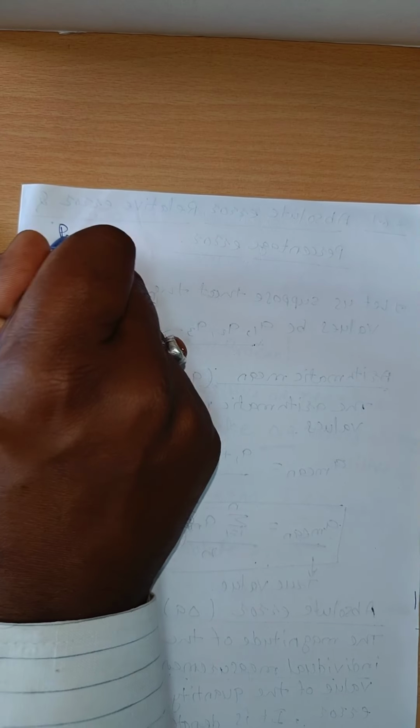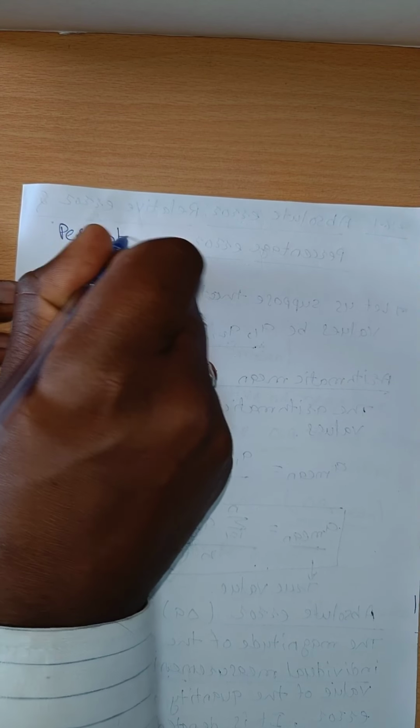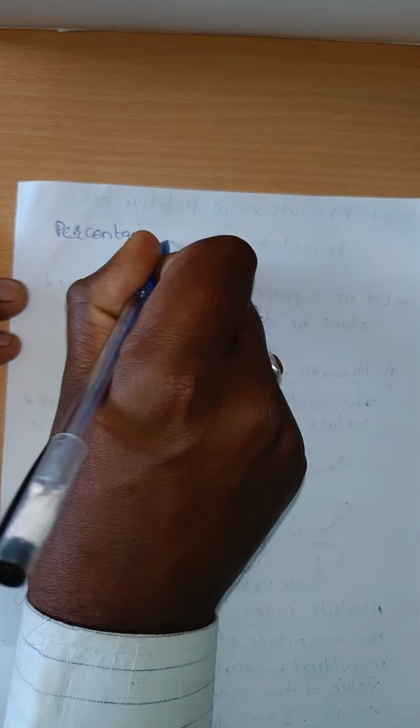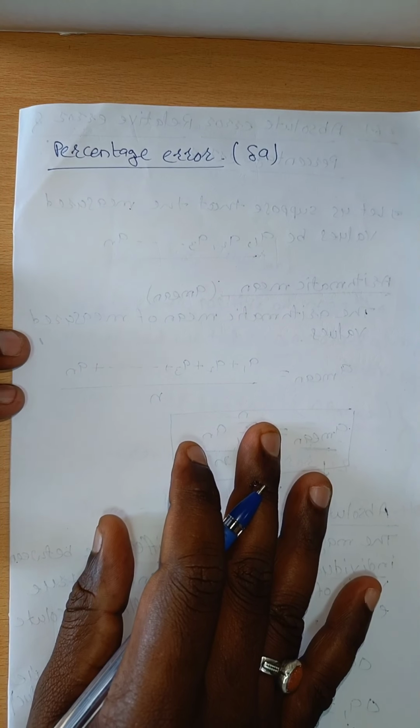Next, percentage error, denoted by delta A. What is meant by percentage error?